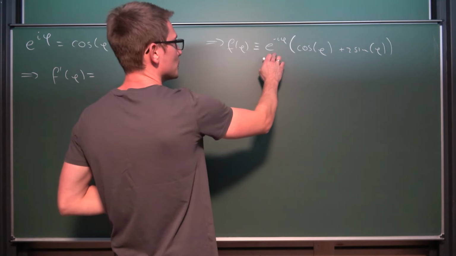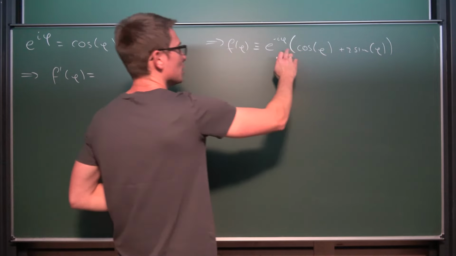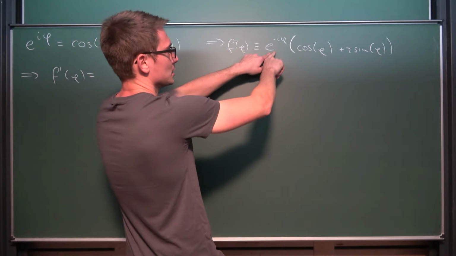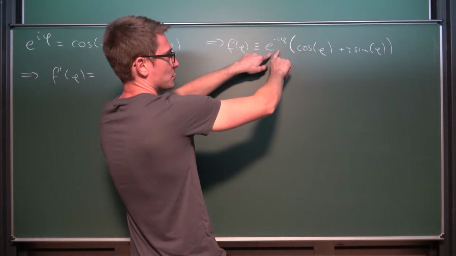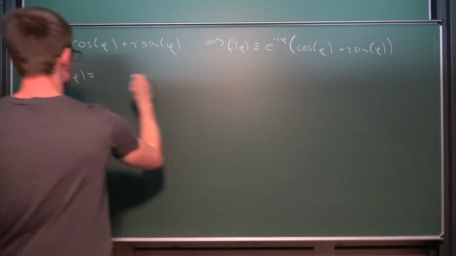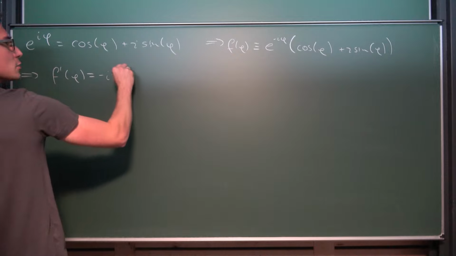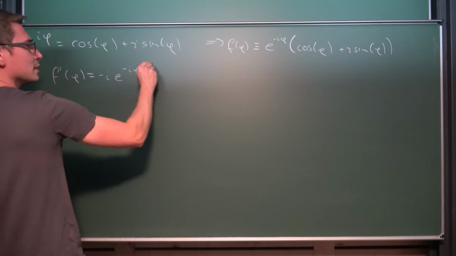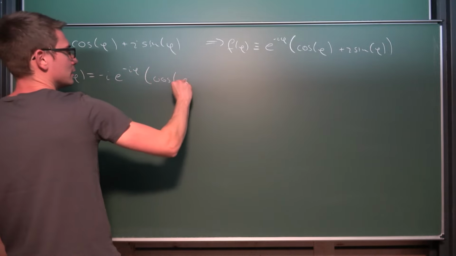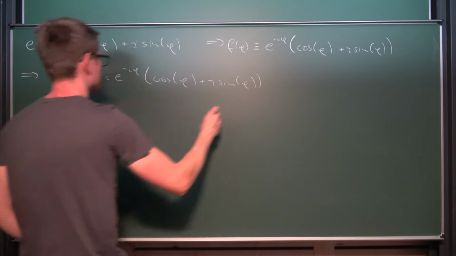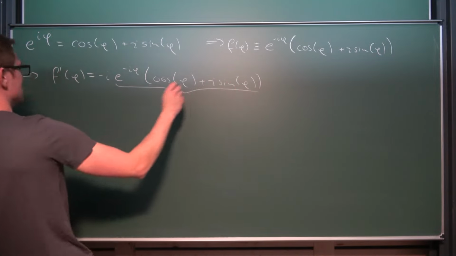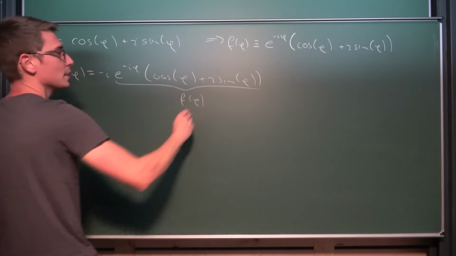We are going to preserve this whole thing when we differentiate with respect to phi on the exponential function, but we are going to track the negative i down. So negative i times e to the negative i phi times the cosine of phi plus i times the sine of phi. And this right here is just f in and of itself.